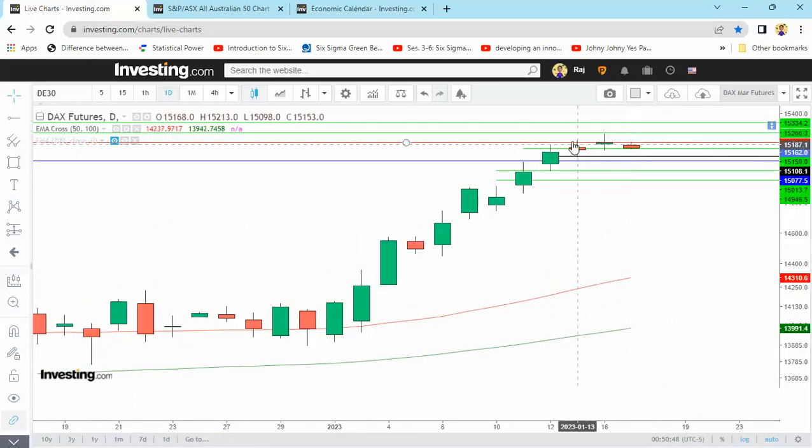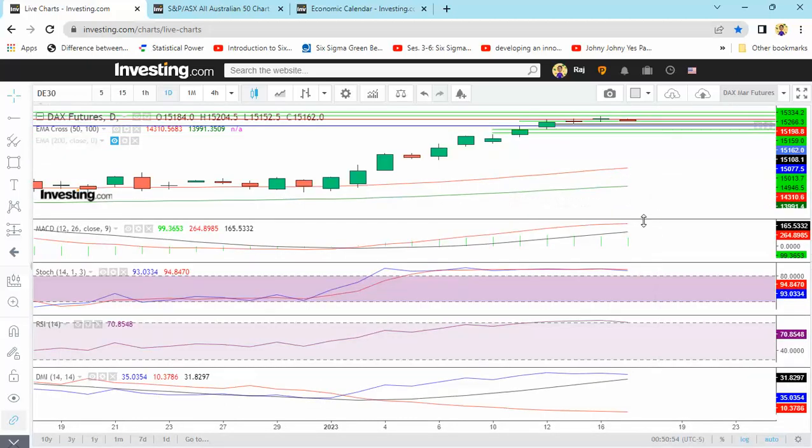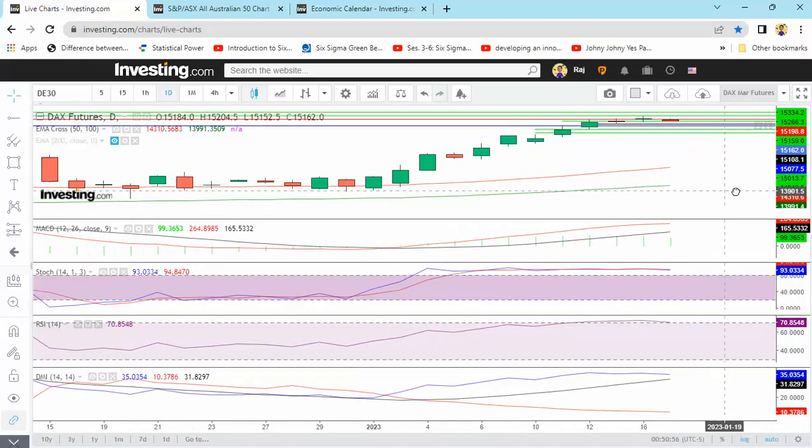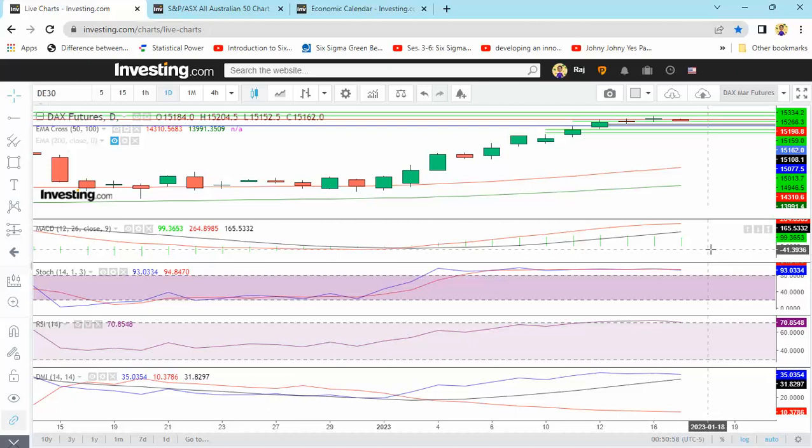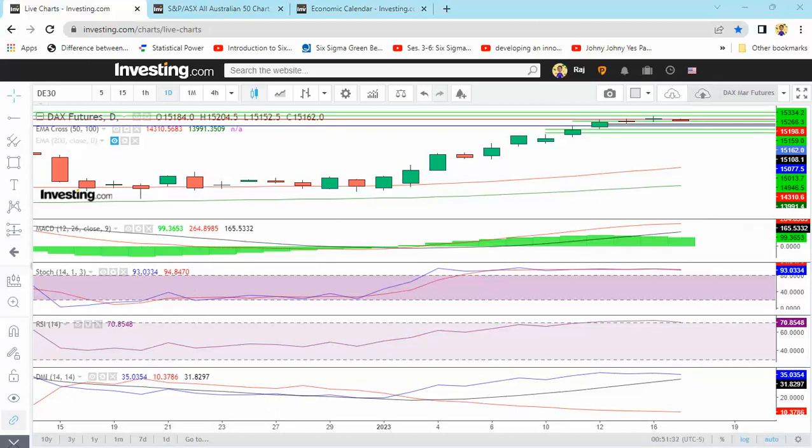Now see, this is just in the range. This market depends only on the US futures, and based on that it is making its movement. Currently, the MACD on the daily is still on the bullish side, but it will be looking to the sell side again for the day.